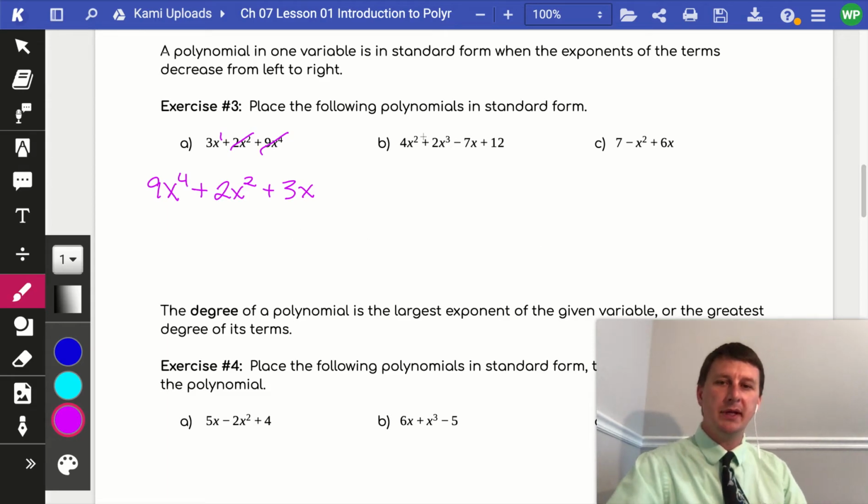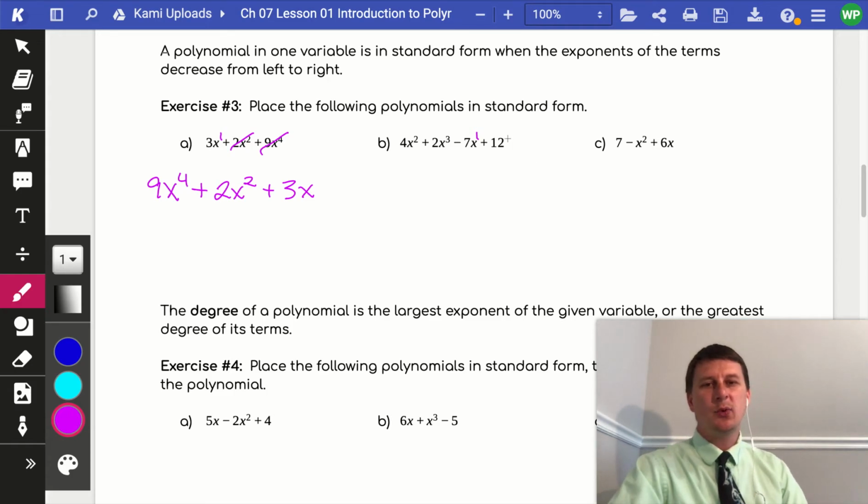If we're taking a look at part B, we have 4x squared plus 2x to the third minus 7x plus 12. And again, we're looking for which one has the greatest exponent. Again, we had 7x, so that's 7x to the first. And this doesn't have any exponent on it. And that doesn't mean that it's 12 to the first. We're doing these exponents in terms of x's. This is x to the second, this is x to the third, this is x to the first.